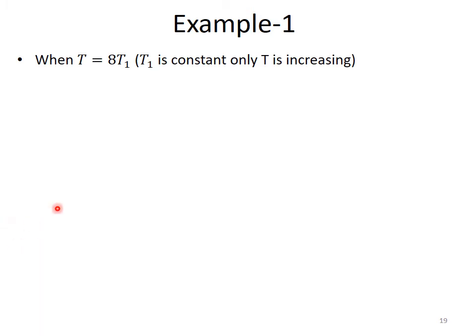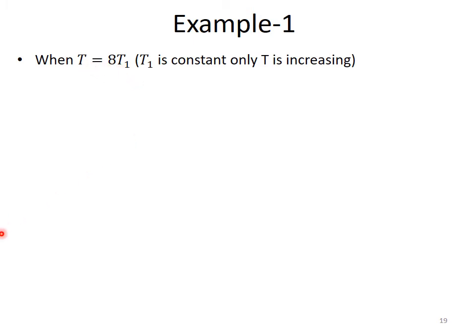Alright, so the Fourier series that we found in the previous slide was for T equal to 4T1, which was a 50% duty cycle. Now if we increase T and keep T1 constant, we are reducing the duty cycle.